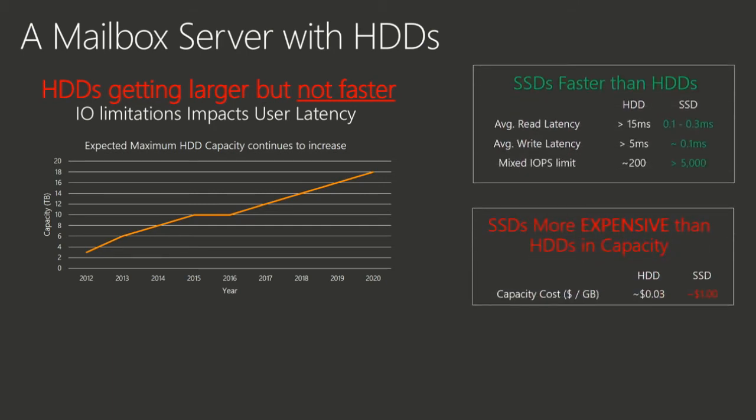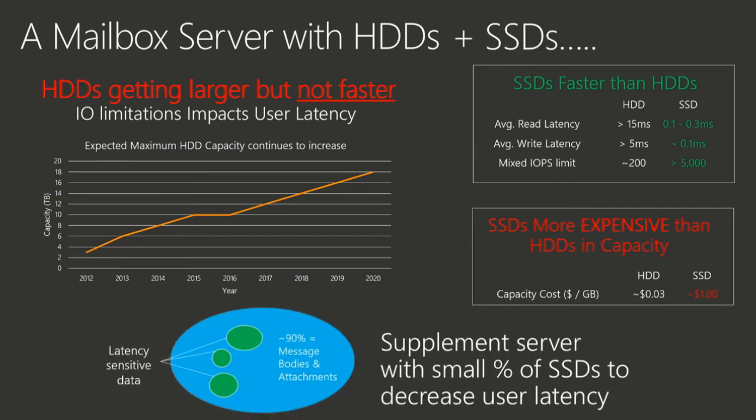Well, we know SSDs are much, much faster than HDDs. We know, however, that SSDs are more expensive than hard drives. So we went back and looked at our data set, and we see that 90% of our data is message bodies and attachments, and only a very small percentage of that is latency-sensitive data.